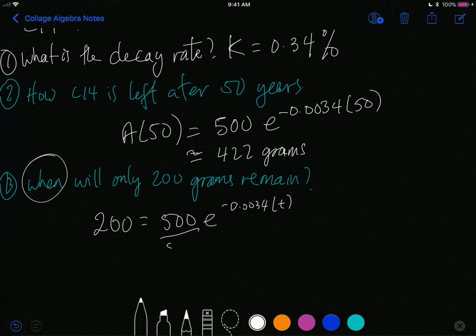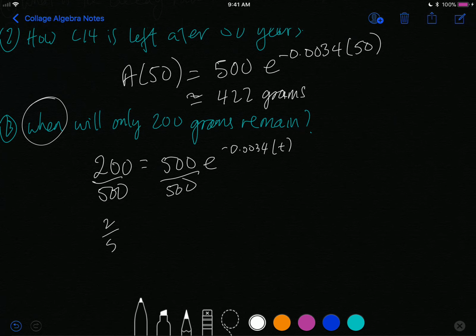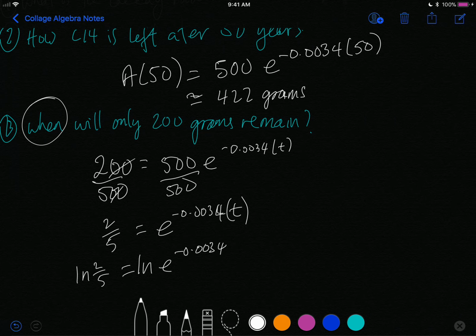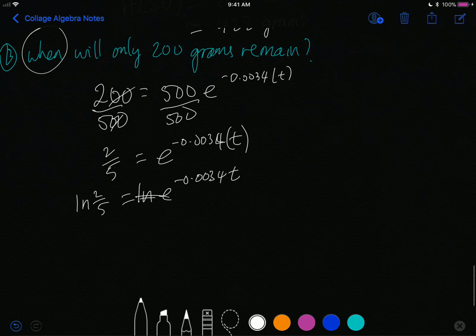Steps are the same. Divide by 500. So you have 2 over 5. The zeros cancel. e to the negative 0.0034t. And of course, get rid of the e, I take ln. Ln and e cancel out. And so I'm left with the basic equation. Ln of 2 over 5 is equal to negative 0.0034t.